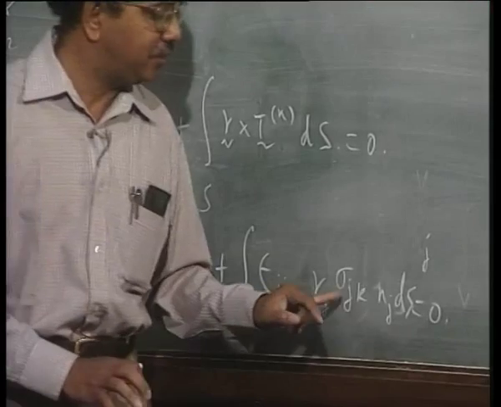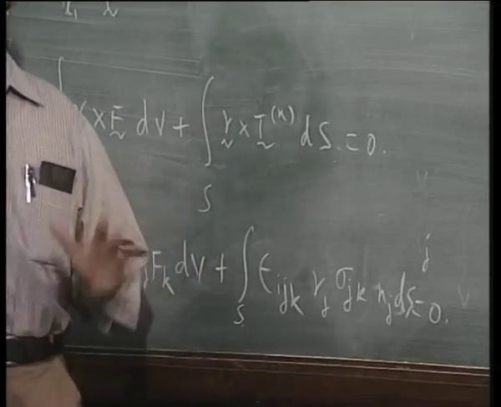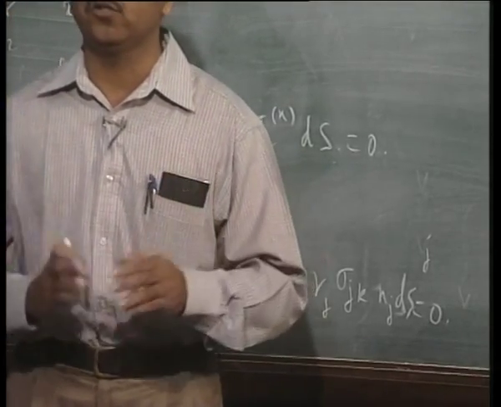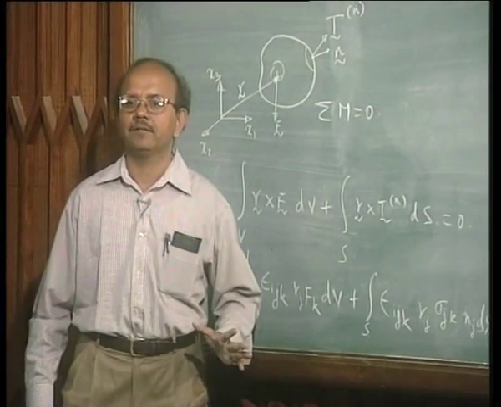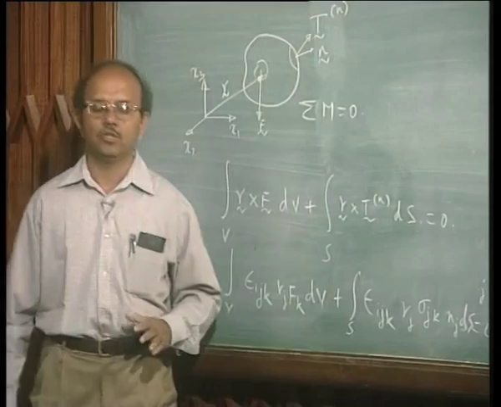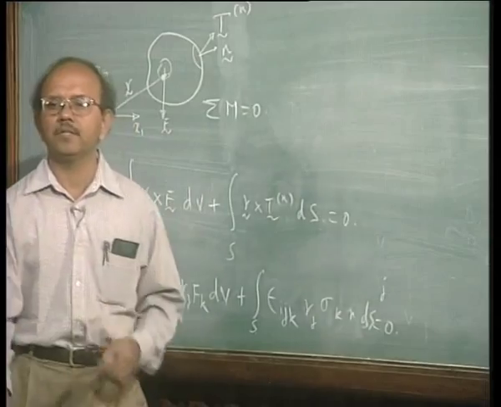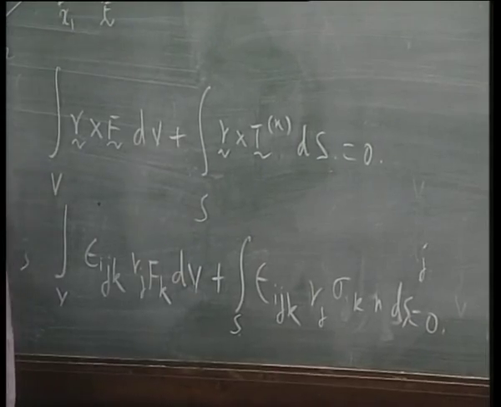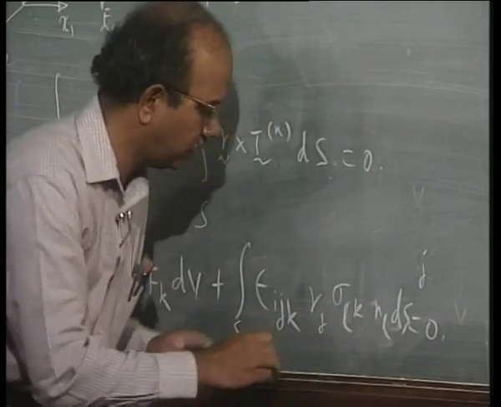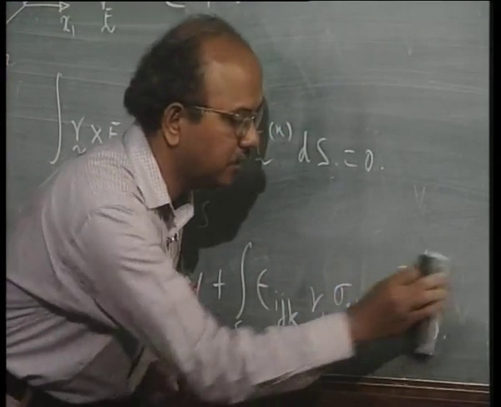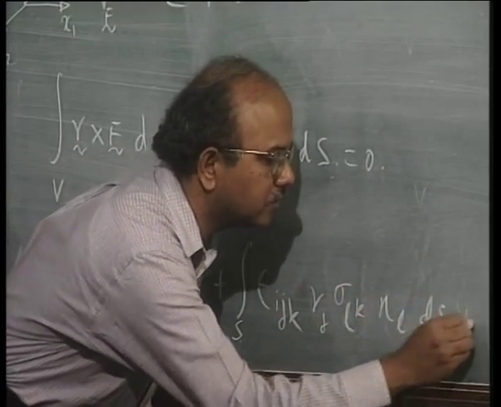I know that these two indices have to be repeated, and I know that they are dummies sitting there, and I also know that if I use any other index, I will mean the same thing. So this is wrong, and let me replace it with another index, say l. nl ds is equal to 0.